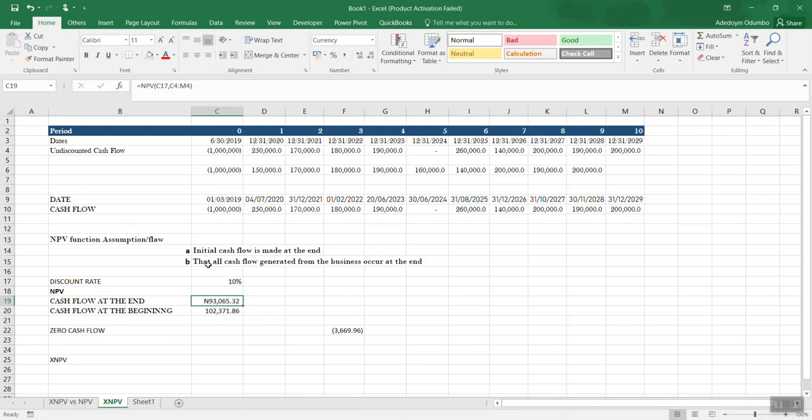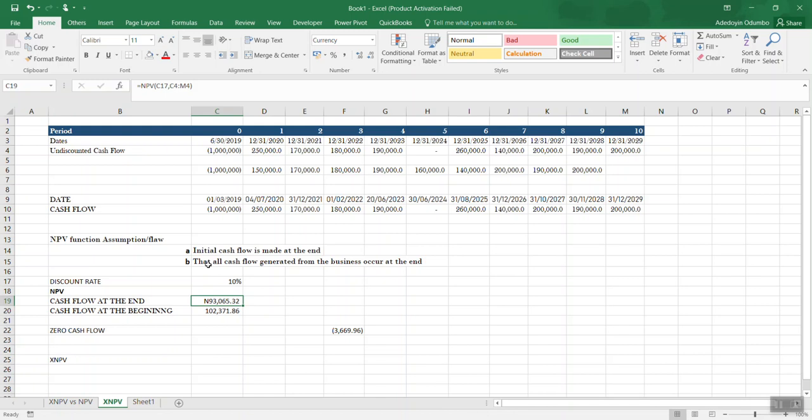The second one is that all cash flow generated from the business occurs at the end. We all know that if I'm in business, I earn cash flow in January, February, June, August, September, and October.